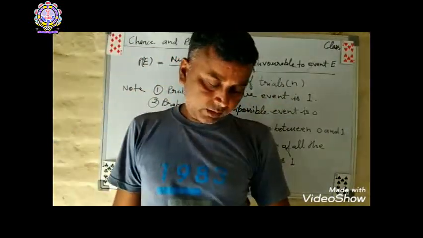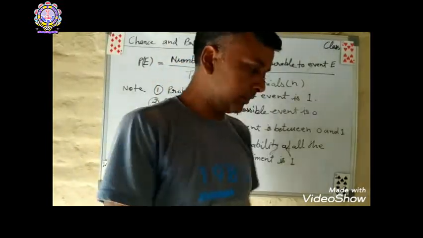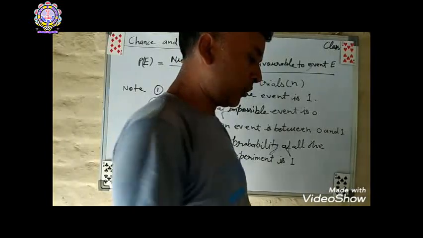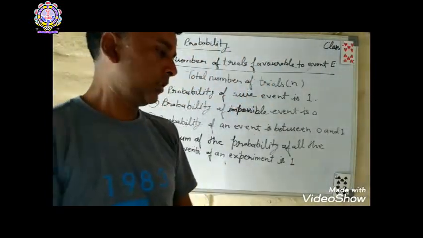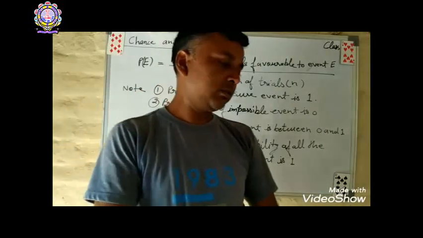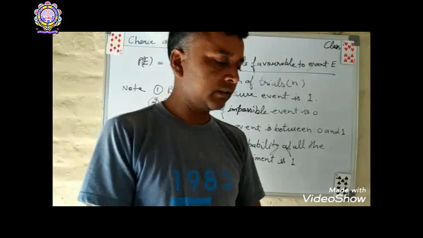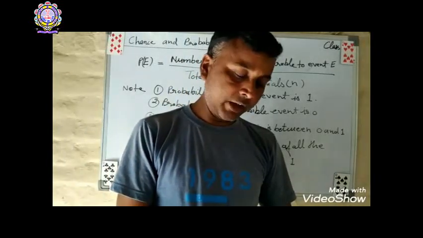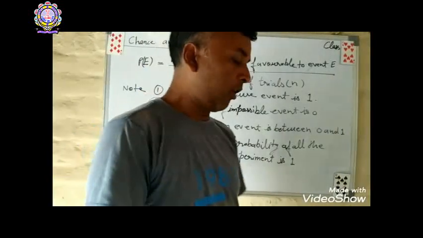So every day we listen to the word probability, and you also listen. Suppose you go to watch a cricket match. When the match begins, both teams have an equal chance of winning.